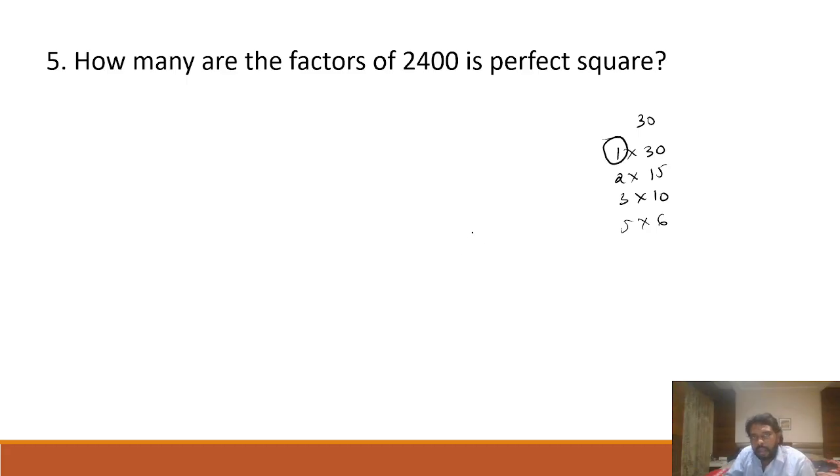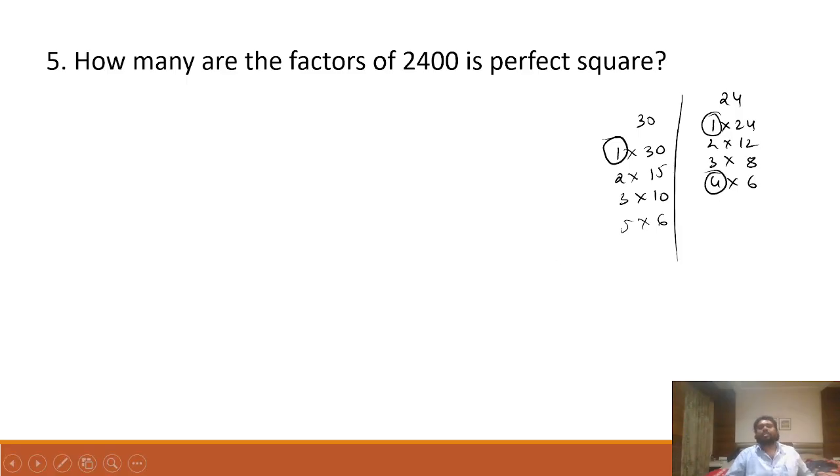Oh, I have taken a wrong number. Actually, I would have taken some other number like 24: 1 times 24, 2 times 12, 3 times 8, 4 times 6. If you observe, 1 is a perfect square, 4 is a perfect square. If I know the factors, I can say which is a perfect square or not.